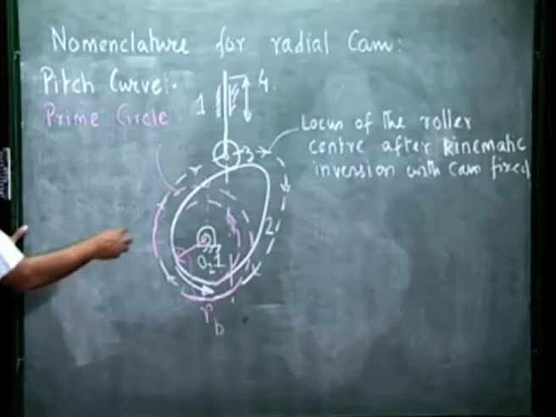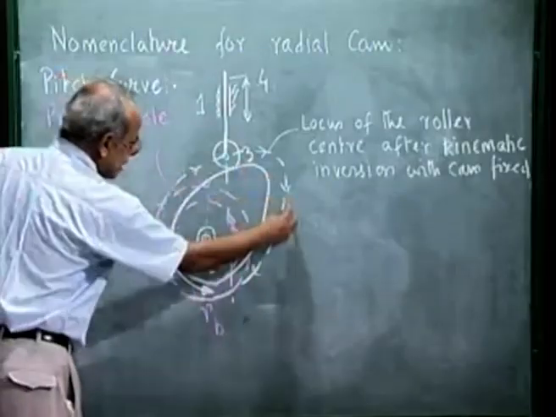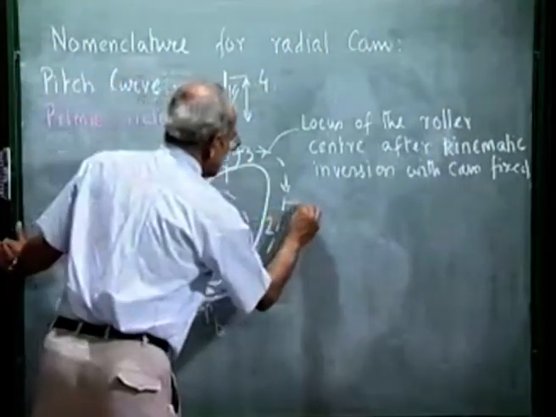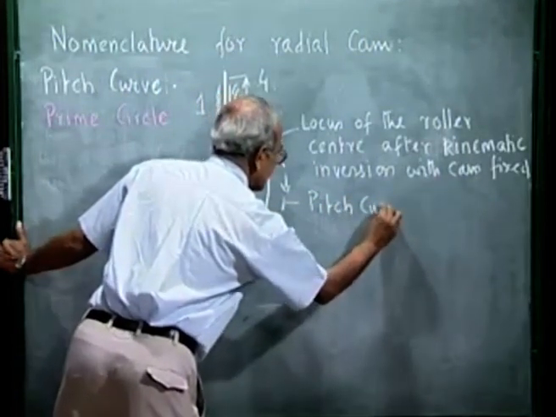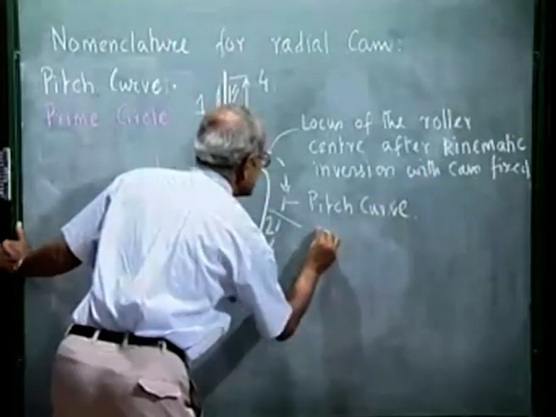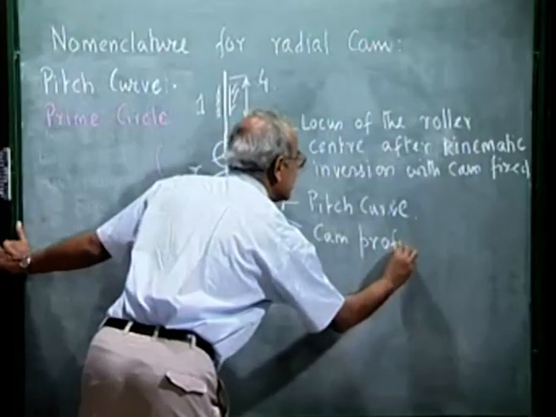So what we see, that base circle to the cam profile is nothing but the prime circle to the pitch curve. This is pitch curve. And this is cam profile.